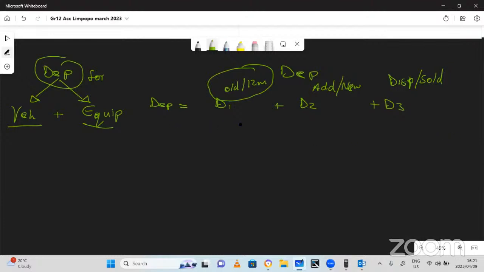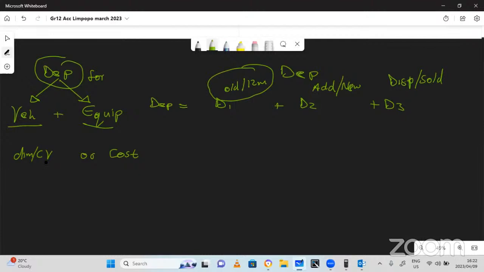But remember, depreciation can be calculated on the diminishing balance method, or carrying value method, or it can be calculated on the cost method. So these are other things that you need to know.